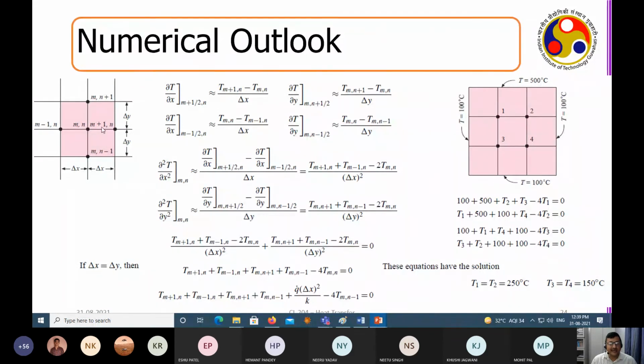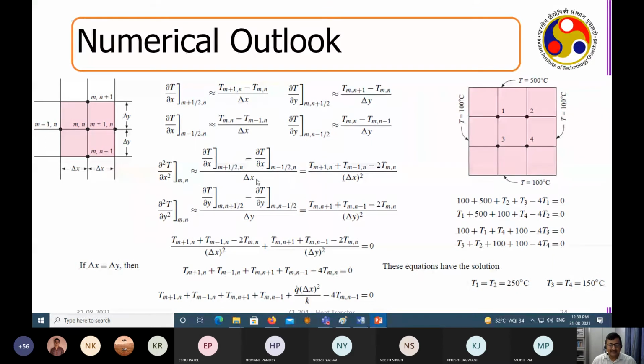When I have m and n plus 1, I obtain the derivative at half as tm plus 1 minus tm by delta x. This is true for all the four intermediate points. And then when I go for del square t by del x square, what I have to do? I have to get this m plus 1 minus m minus 1 divided by delta x.